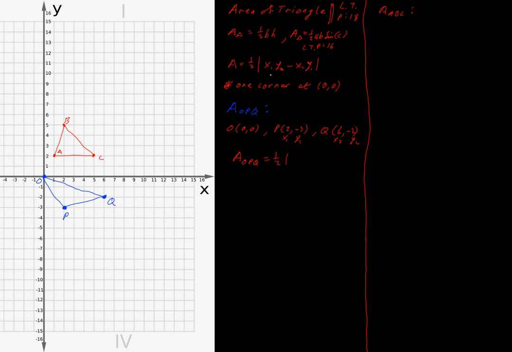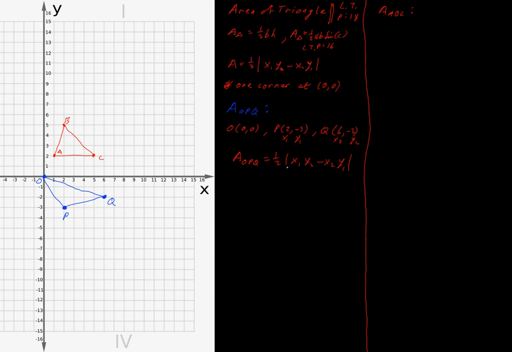Be very careful here. These subscripts are muddled in this formula in a way they aren't in any other formula that we use. So read it very carefully from the log tables each time. So x1 by y2 minus x2 by y1.